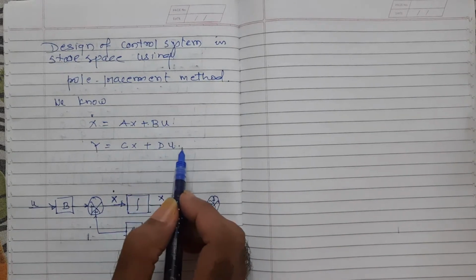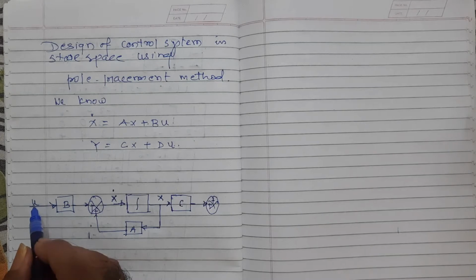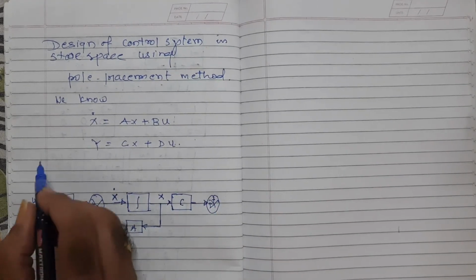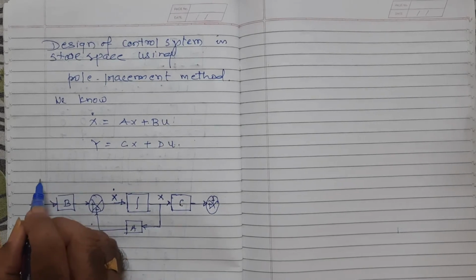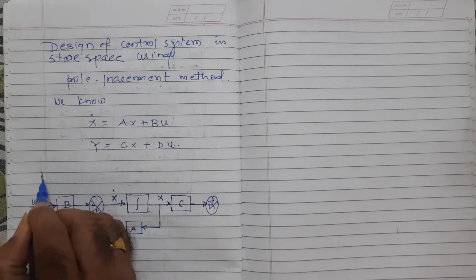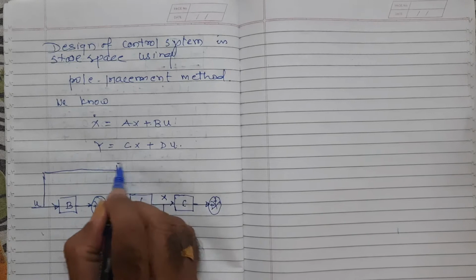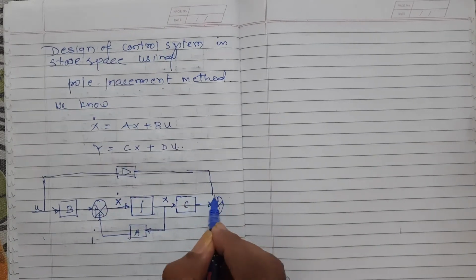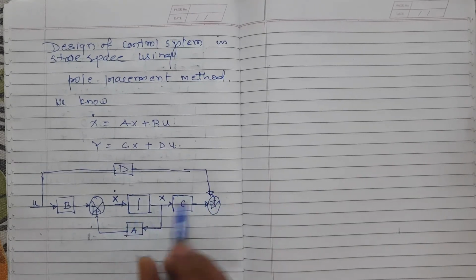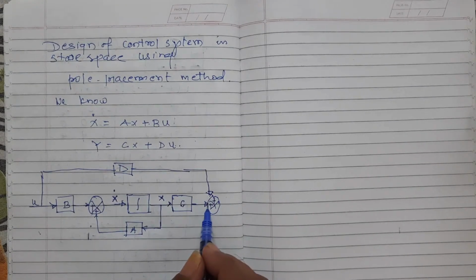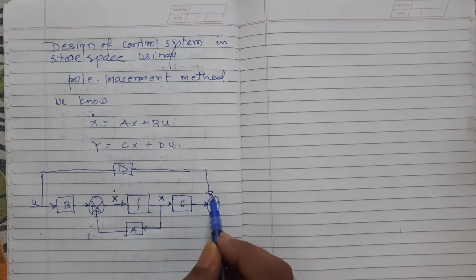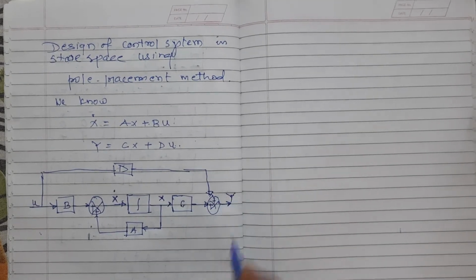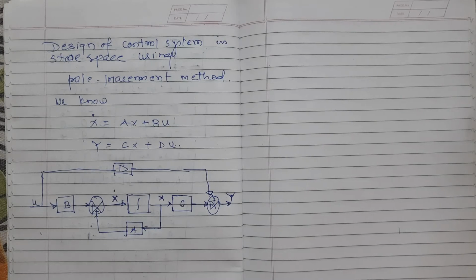Now we want Du. Here is the u, so we will take from here and put one block, that is D, and this we will add here. Now this is Cx plus Du, and here we get y, that is my controlled output.